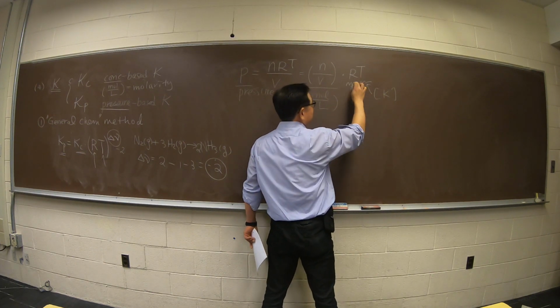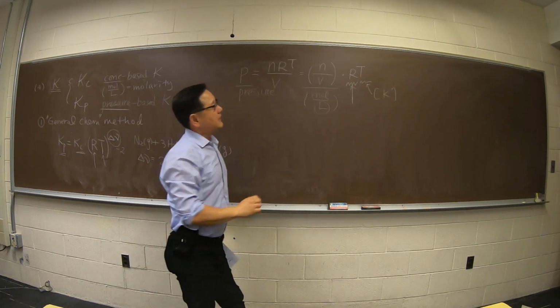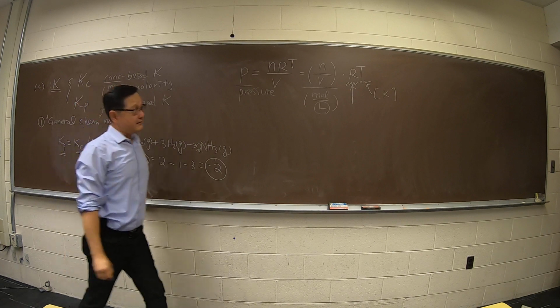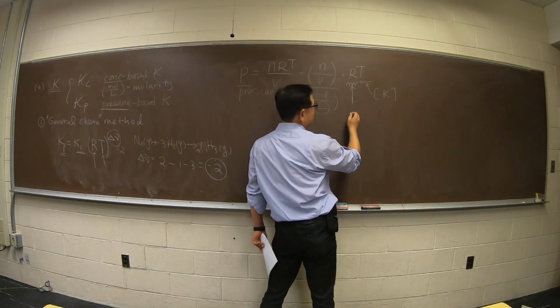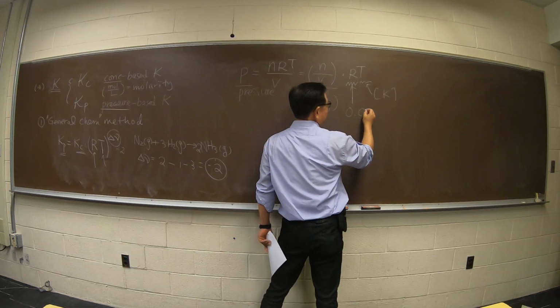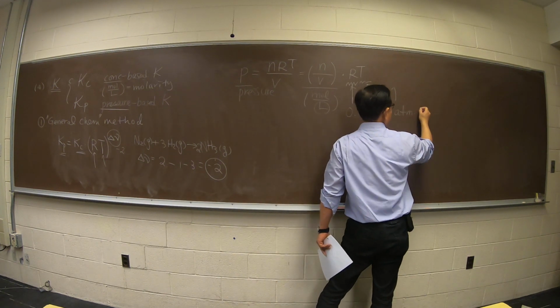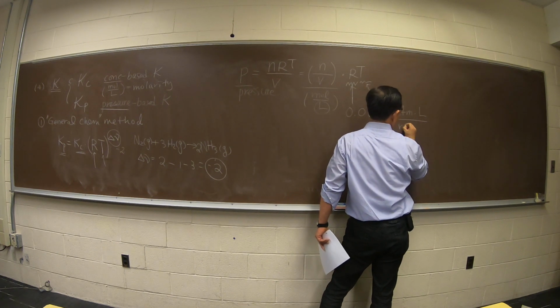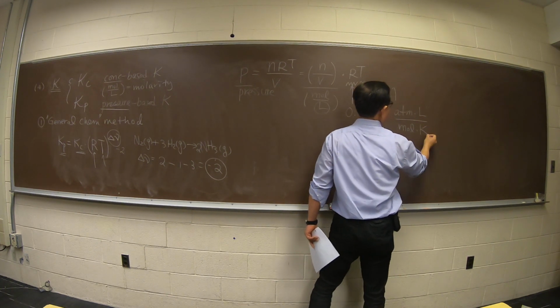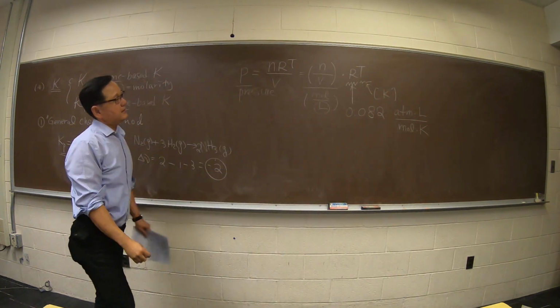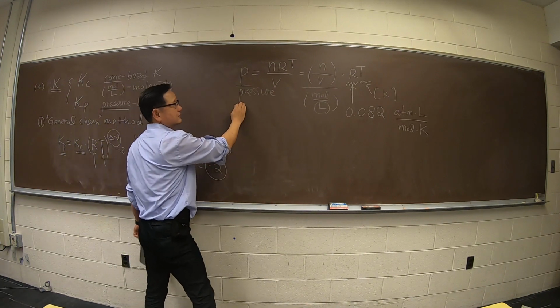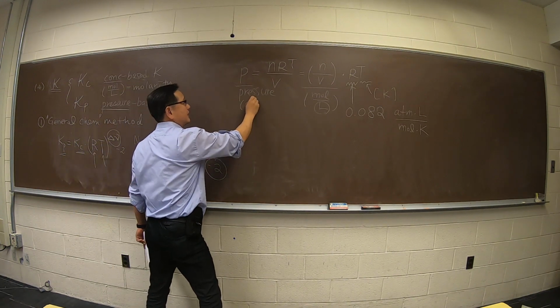But my usual choice is, because my volume choice is in L, which is liter, so therefore my choices for this is, okay, so I put that in, and then essentially I get the pressure in terms of concentration.